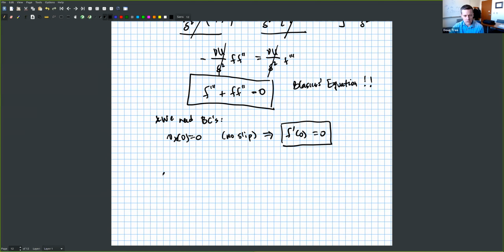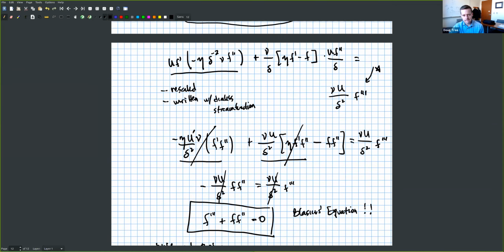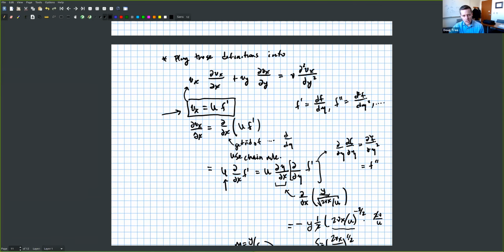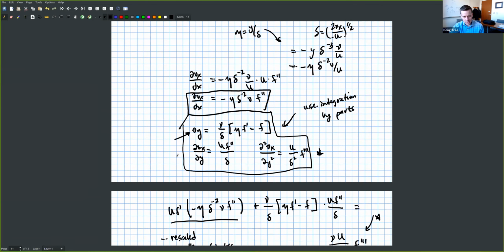We also need a boundary condition for y. So Vy at 0 is also 0. This is called a no penetration condition. That should make sense, right? Like I can't have Vy at the boundary, otherwise I'd have fluid flowing into the wall. Okay. And if you look up here for Vy, oh, where did Vy go? Vy is right here. If Vy is 0, that means that this side has to equal 0.